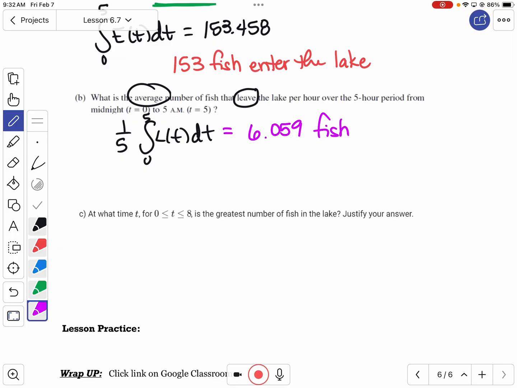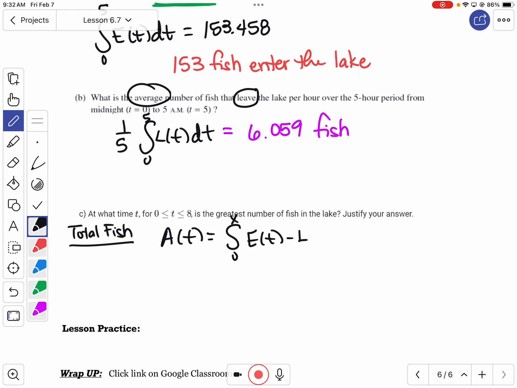Okay. So if we think about our total fish in the lake, that would be A of x is going to equal the integral from 0 to x of how many come in minus how many go out. Okay.